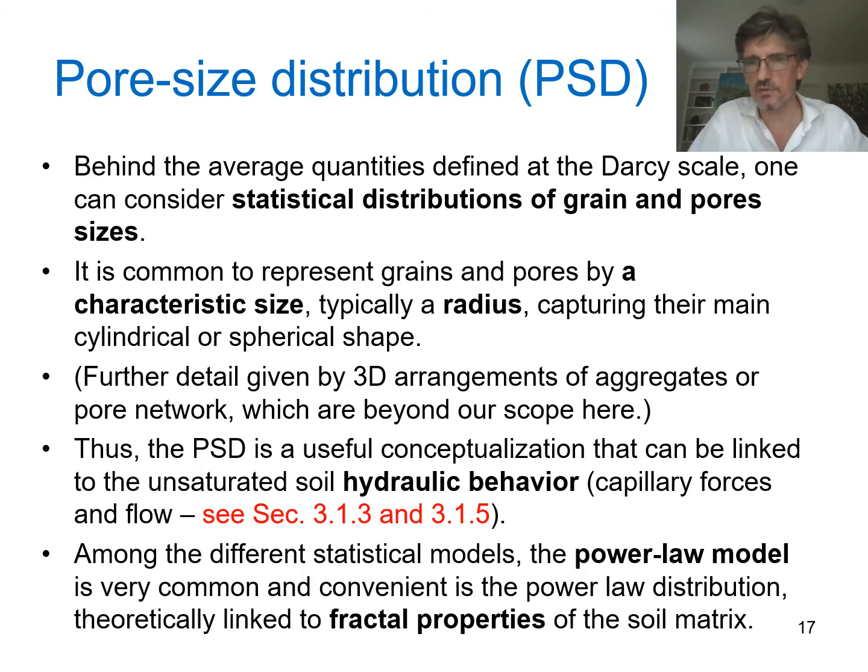This will capture the main characteristics of this single pore or the single grain. In reality, of course, we have aggregates, we have networks, but this is beyond our scope here. But the fact is that we can have in mind this statistical distribution of pore sizes or grain sizes. And we call the pore size distribution a PSD here.